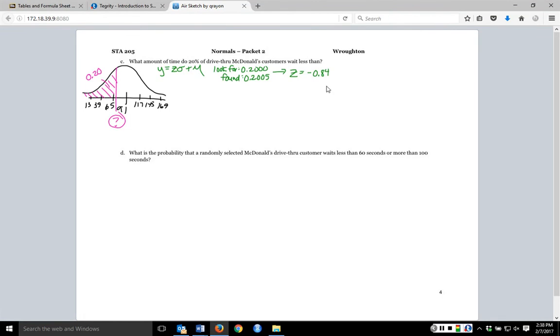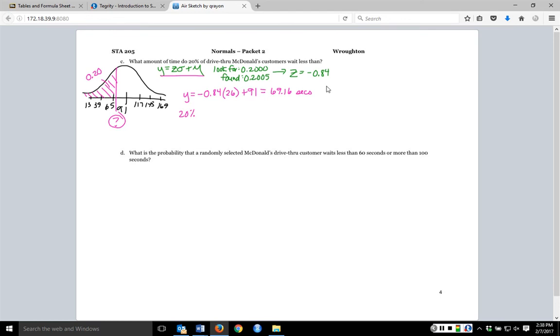So now we can plug everything back into our formula. Our z is negative 0.84. Our standard deviation we know is 26 seconds. Our mean is 91 seconds. So we're going to get about 69.16 seconds.